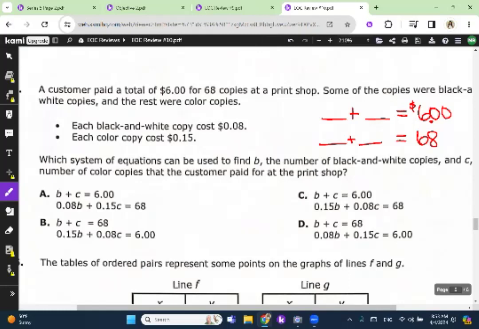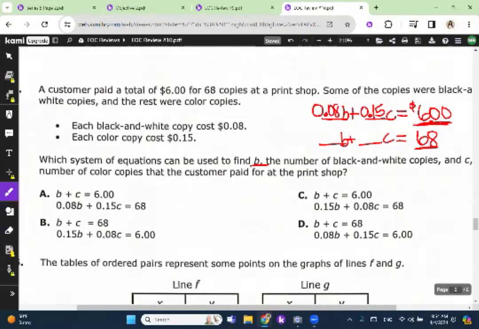Now we have black and white copies. They used B for black and white, and C for color. Now, this is my dollar amount, so if I can attach a price to it, go for it. Black and white copies cost what? 8 cents. And color copies cost 15 cents. Since we don't know how many, these are our unknowns.